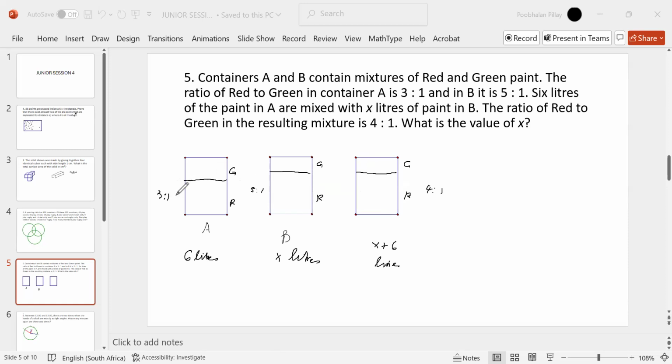So 3:1 means 3/4 of this is red and 1/4 is green. So you've got 3/4 of 6 liters, and here you've got 1/4 of 6 liters.